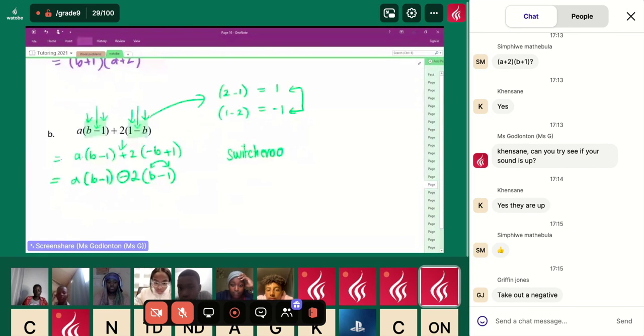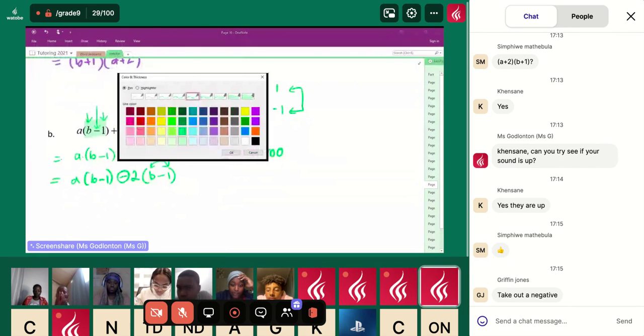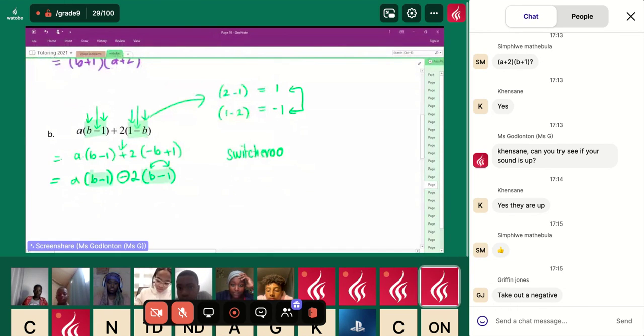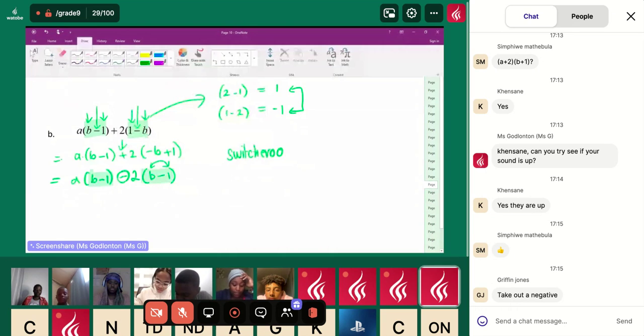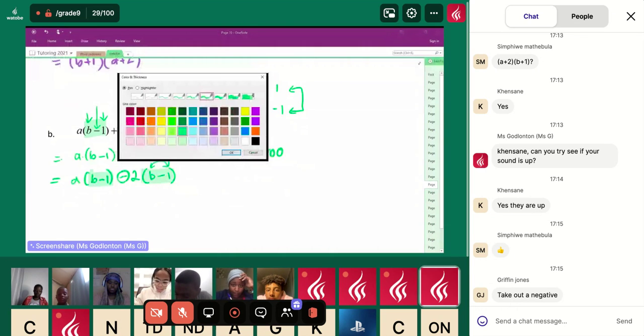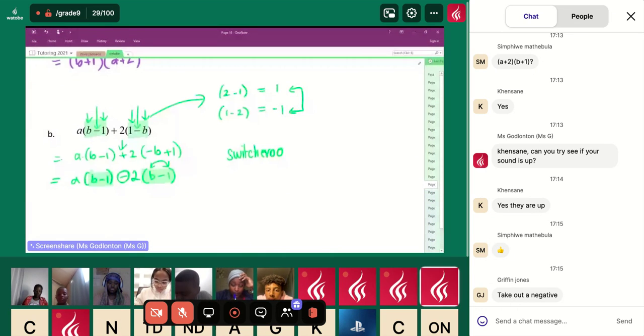And by doing that, we are manipulating it a little bit to create our common bracket. And from there, I can then take out my common bracket. So now I can say, cool, I'm going to take out b minus 1, and I'm going to be left with a minus 2. Okay.